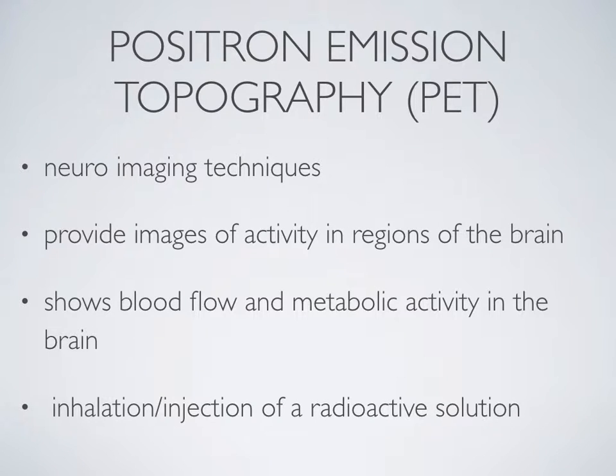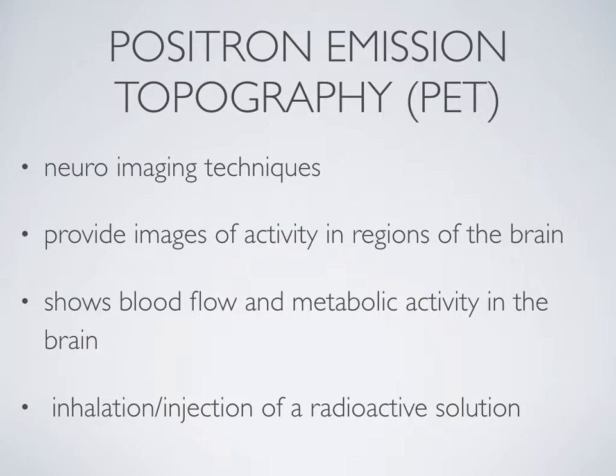And the next one is the PET scan, which is another neuroimaging technique. It provides a more observational look into the activity of the brain. This scan shows blood flow and metabolic activity in the brain. This inhaled or injected substance contains positively charged electrons.